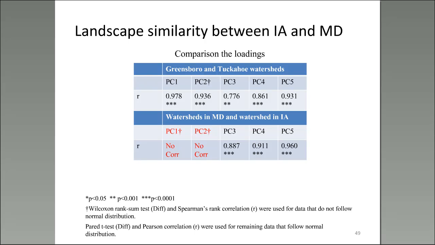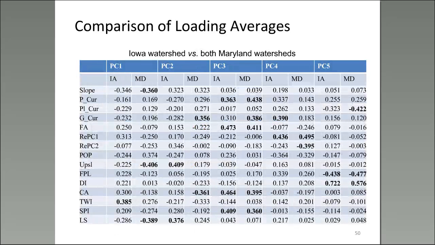Whereas when we compare Maryland to the Iowa watersheds, the first two principal components were not correlated, whereas principal components 3, 4, and 5 were correlated. So this just shows you a table of the loadings for the different principal components and comparison of the average loading for Iowa and for Maryland based upon the population of 20 principal component runs.